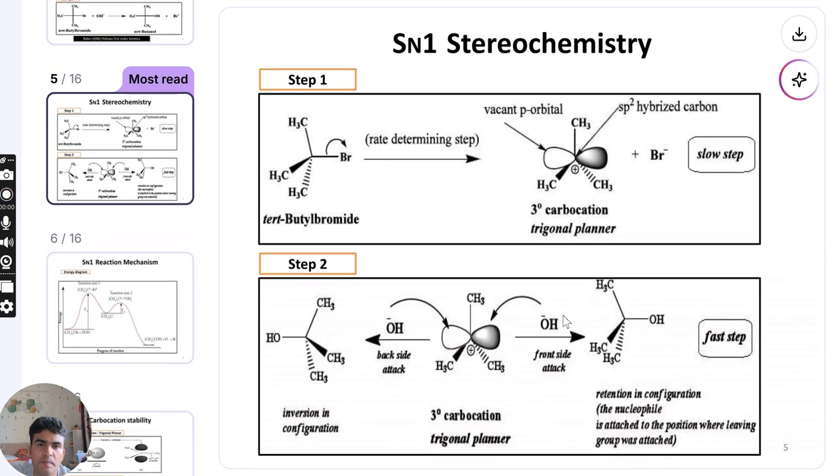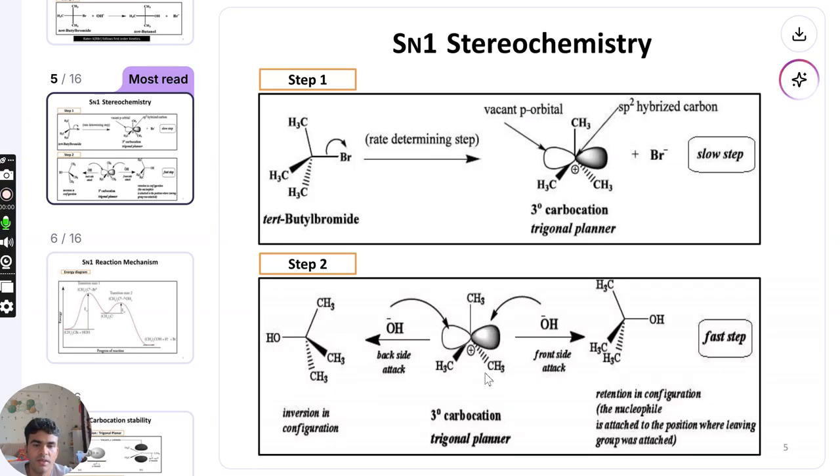Now this is stereochemistry. As I told earlier, a 3-degree carbocation will be formed, which has a planar geometry, and the vacant p orbital is perpendicular to that plane, and the nucleophile can attack from both sides, that is from the back side as well as from the front side.